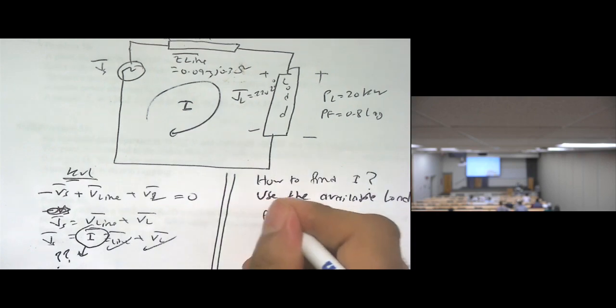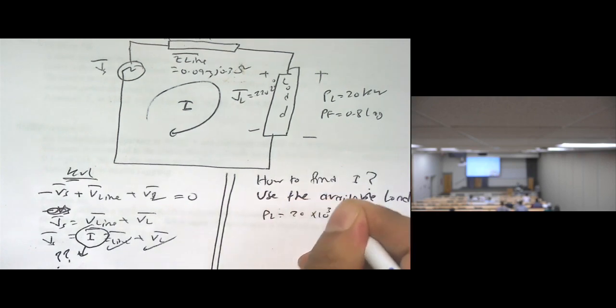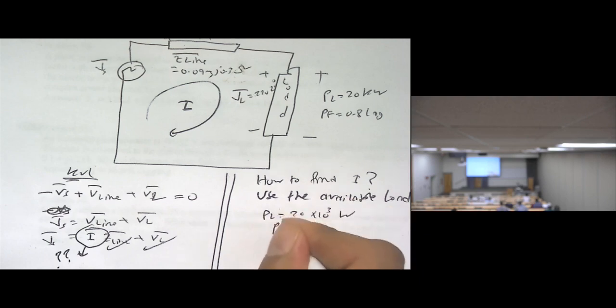P load equal 20 times 10 power 3 watts. Power factor equal 0.8 lag. So we can find theta as cosine inverse of the power factor, cosine inverse of 0.8, which is 36.9 degrees, and it should be positive because it's lagging.